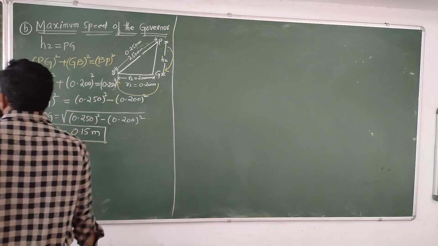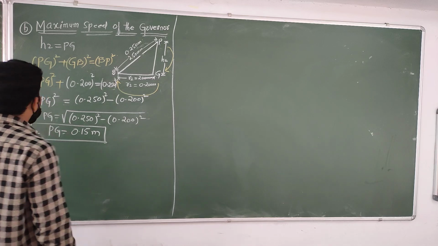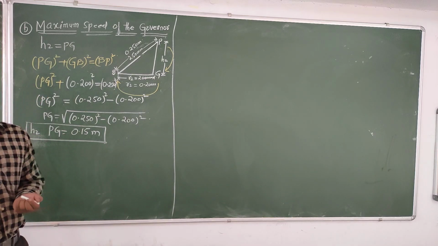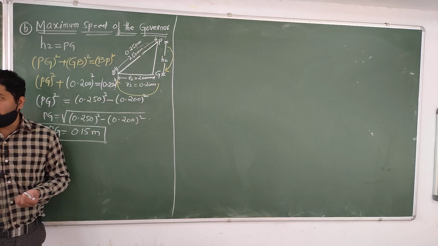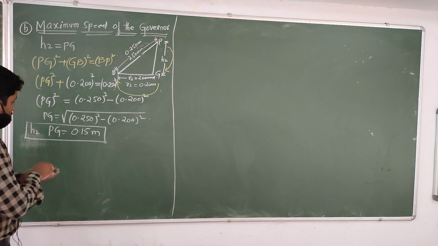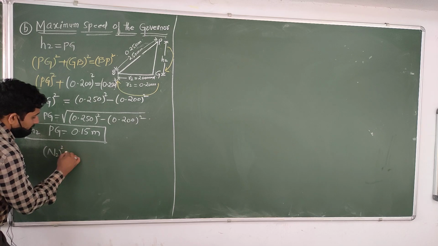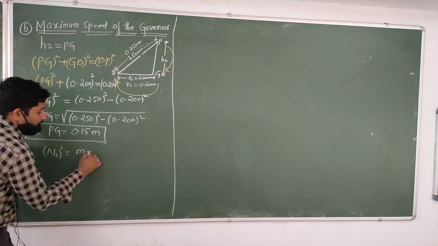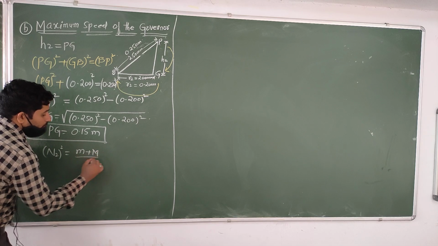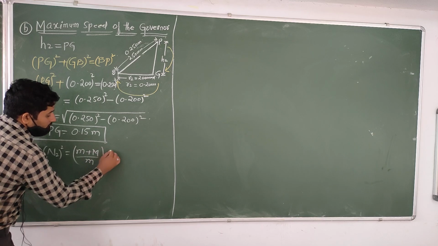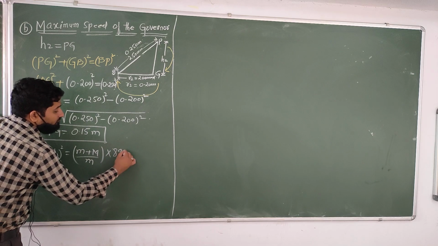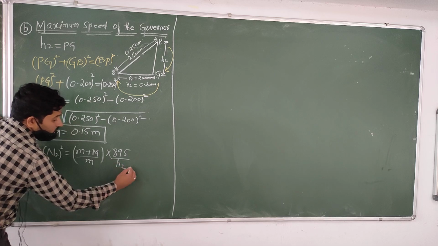Okay dear, again we need to find out the speed of the governor. N2 whole square equal to (small m plus capital M) by small m into 895 by H2.